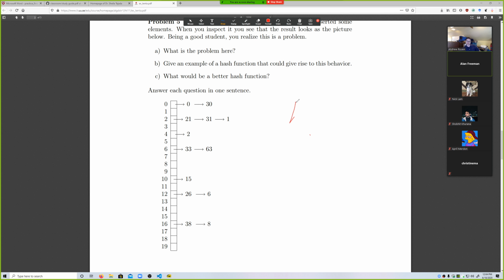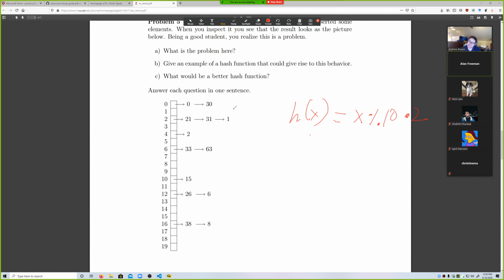The hash function is h of x is equal to x mod 10 times 2, which gives you an index between 0 and 19, which is great, but not great for this.